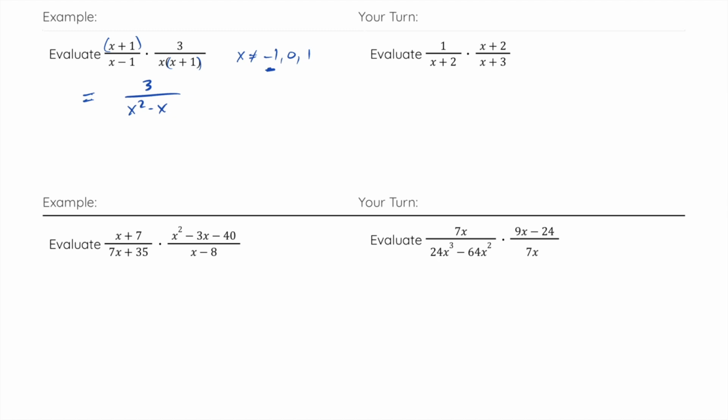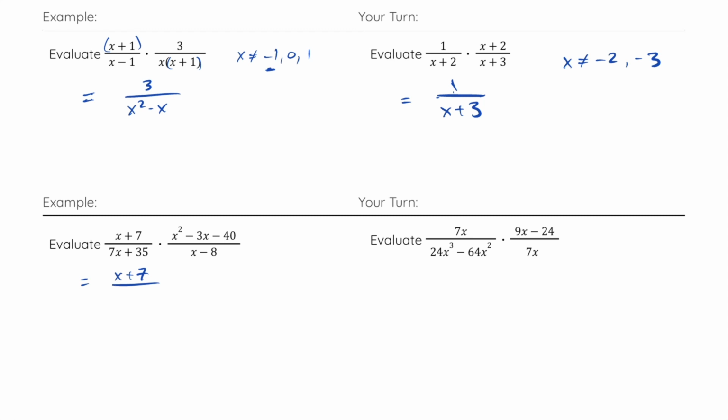Okay, next one. Pause the video and try the one on the right. All right, so we see you get 1 over x plus 3 in this case. If we go down to this next one here, we have a quadratic trinomial and another term that isn't fully factored. So it's always a good idea to fully factor everything before you multiply or divide, because oftentimes things will divide out.